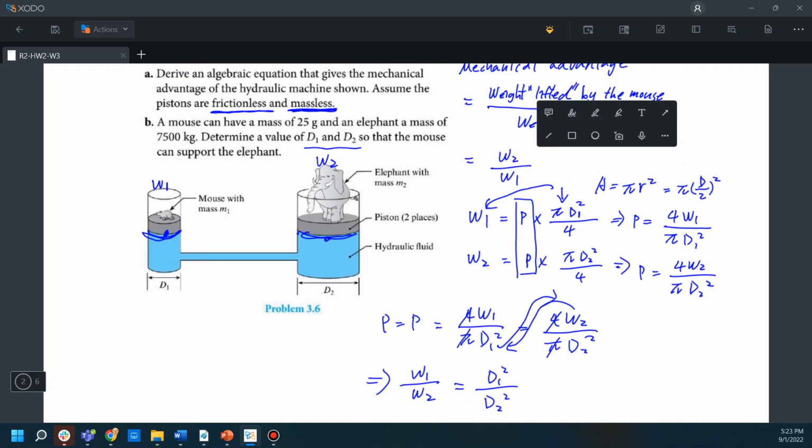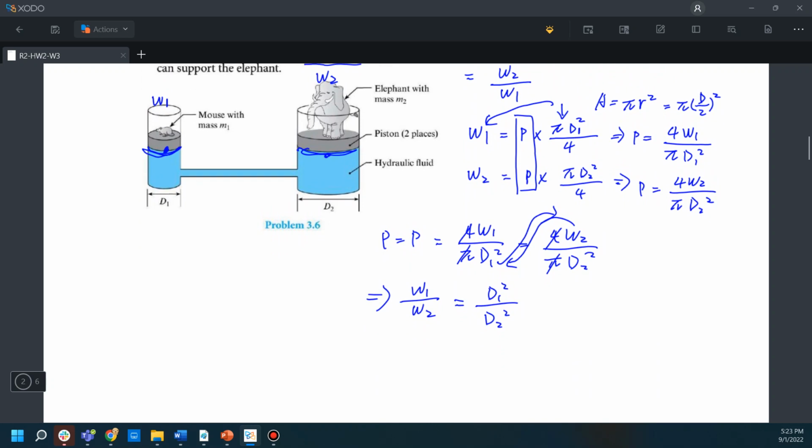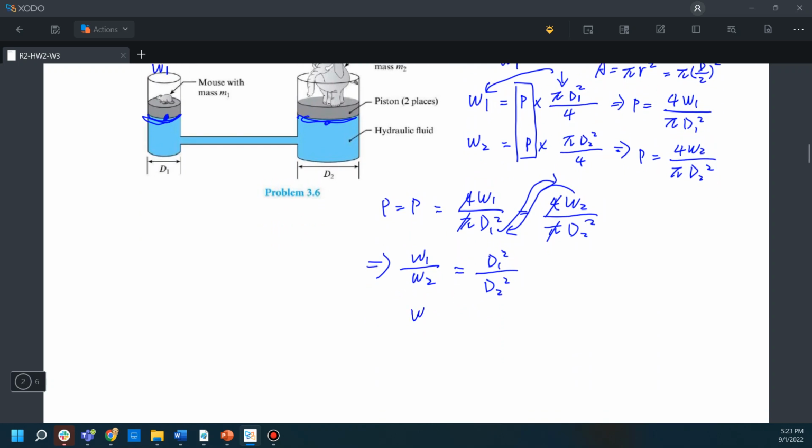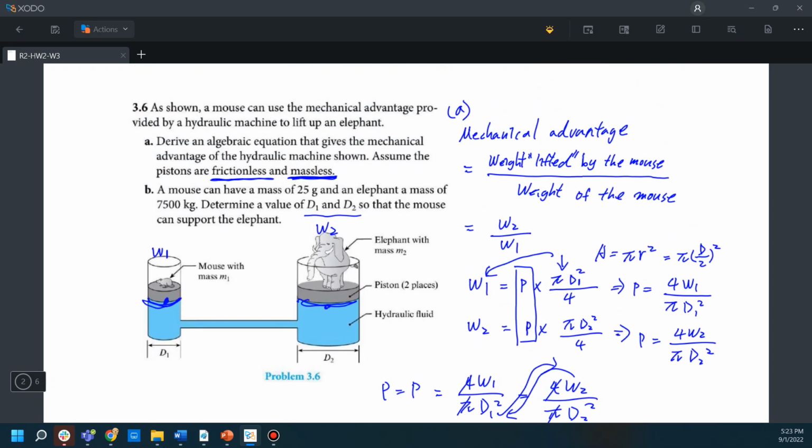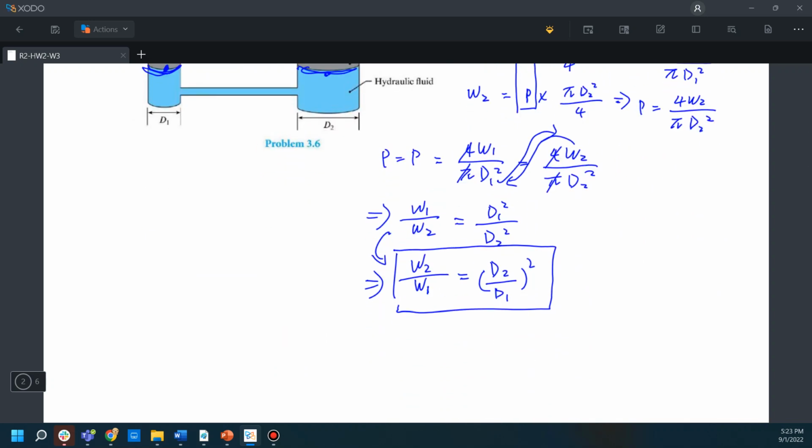We actually want to calculate W2 over W1, so we just switch the sides. W2 over W1 equals D2 squared over D1 squared. So this fits our definition of the mechanical advantage that we have defined here. Okay, so this is the equation for that.